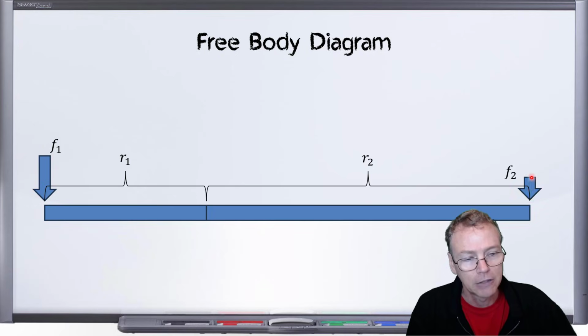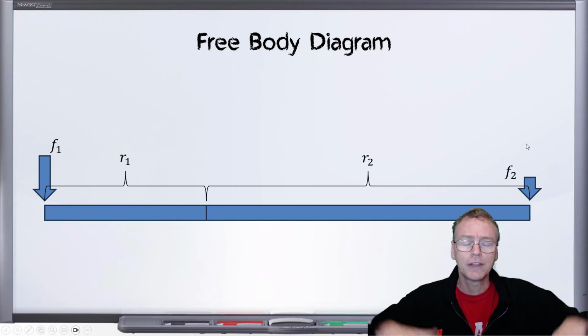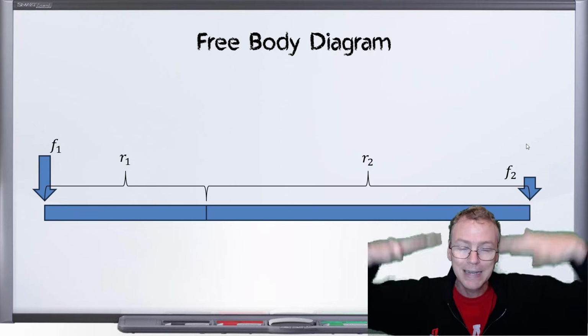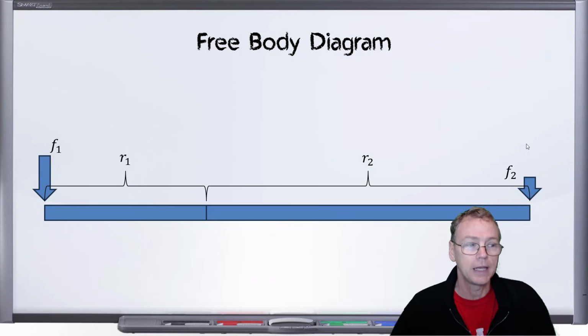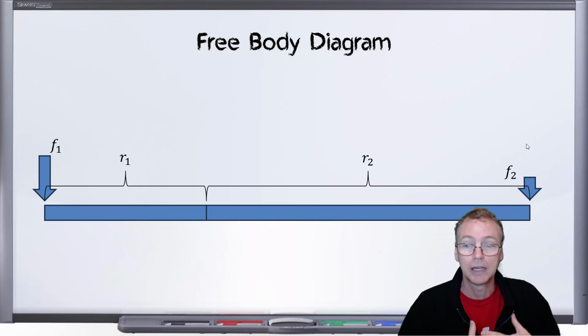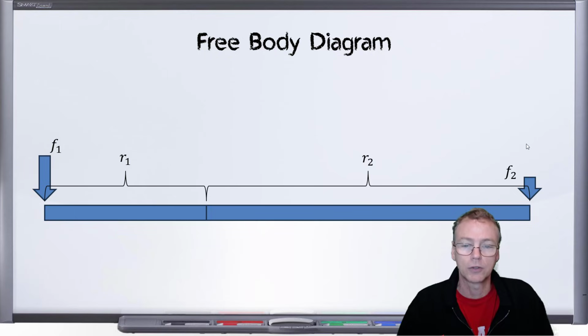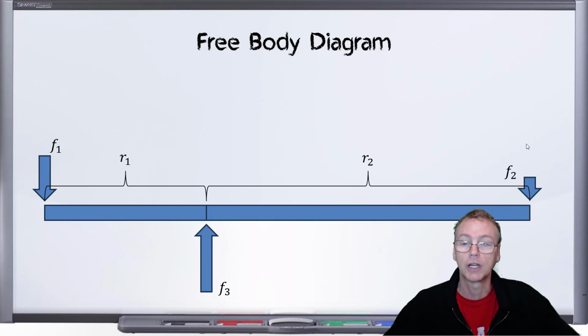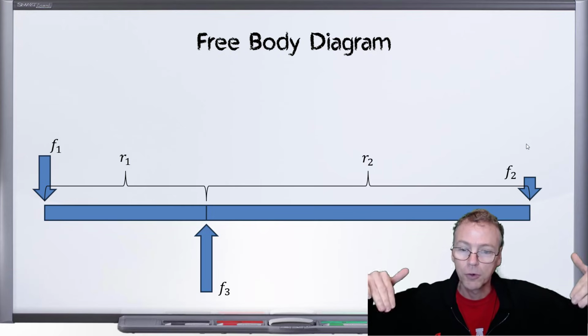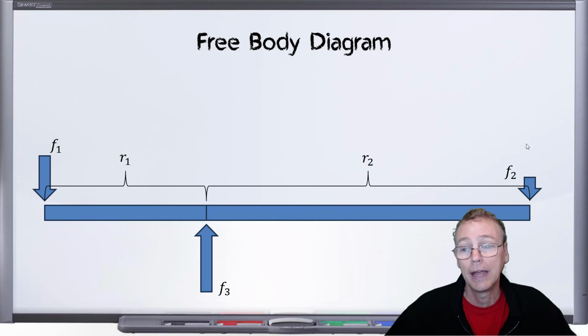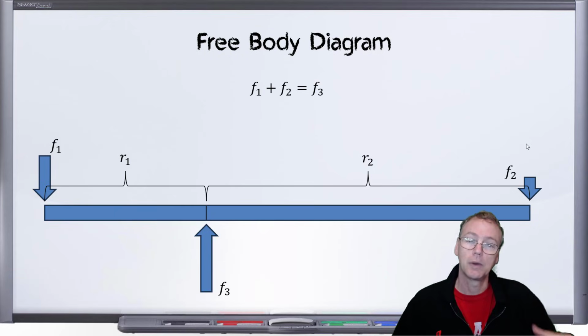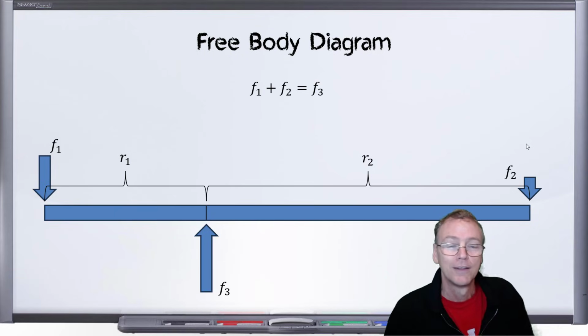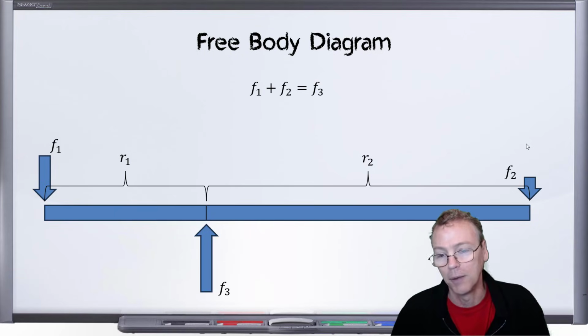So that mass is applying some force on the other end of the lever. So now I see that there are forces pushing the beam down. If it is a free body and is not accelerating, there must be an equal force pushing upwards. And that's coming from the fulcrum. The fulcrum is pushing up, and the two other forces are pushing down, and those must add up. They must add and be equal so that there's no acceleration on my beam.